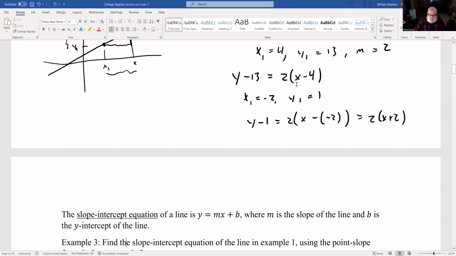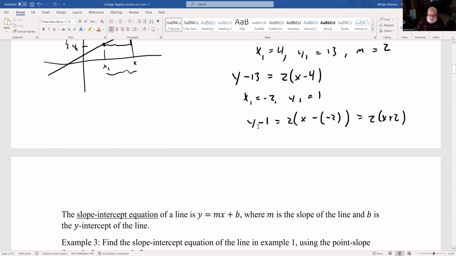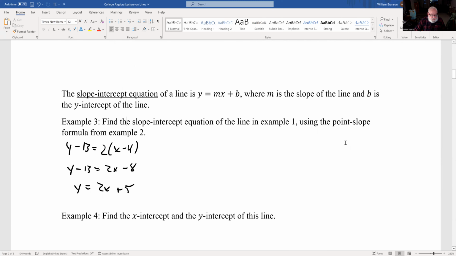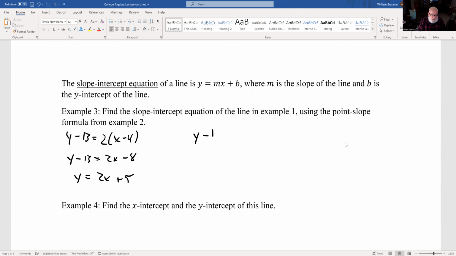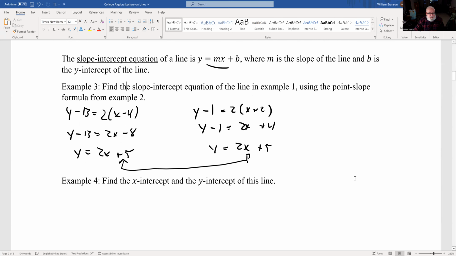So if I solve this equation for y, I get 2x plus 5. If I solve the other equation, y minus 1 equals 2 times x plus 2, I'll distribute the 2 to get 2x plus 4, and then add the 1 to both sides, and get 2x plus 5. We get the same y equals mx plus b formula. So again, it doesn't matter which point you choose in the previous one. When you solve it for y, you get the slope-intercept equation.